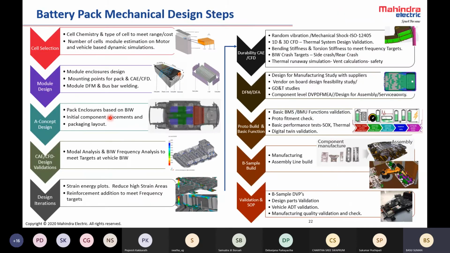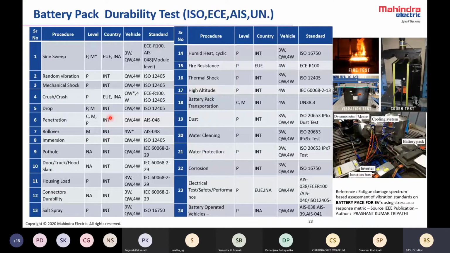So I think we have gone into detail on battery pack design in the previous slide. Yeah, this is very important: battery pack durability tests. There are different tests. ISO, I'm sure you know that. EC is the European one. AIS is the Indian one. And then there are UN standards also.